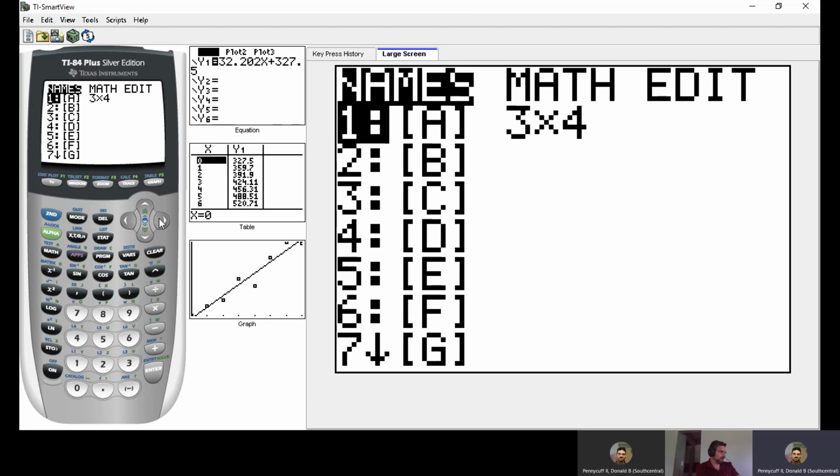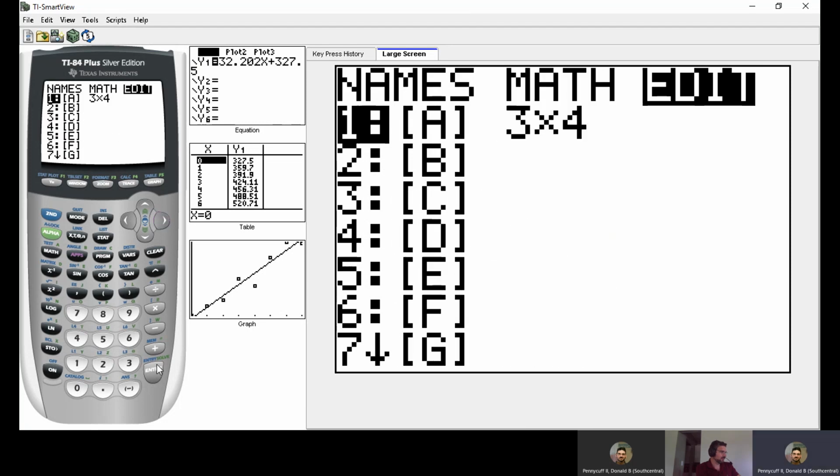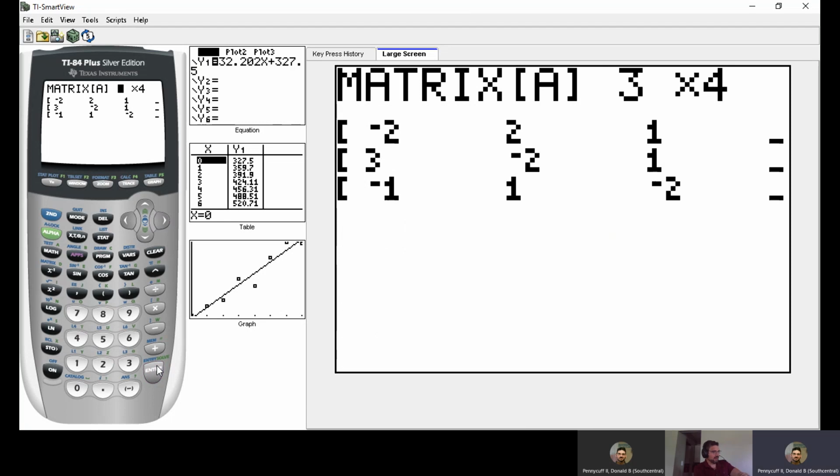So I need to edit that matrix. So I'm going to go over to edit and hit enter. And then the first thing you can edit is the size. So this one has 3 rows and 4 columns. And that's exactly what I need. But you could change this if you wanted to, and it would adjust. I just took one of the rows off, but I do need that 3rd row.